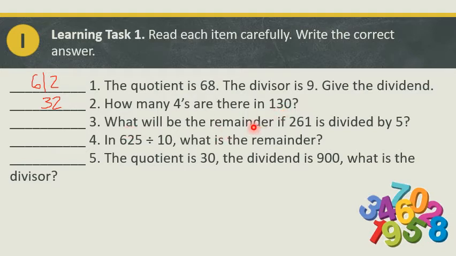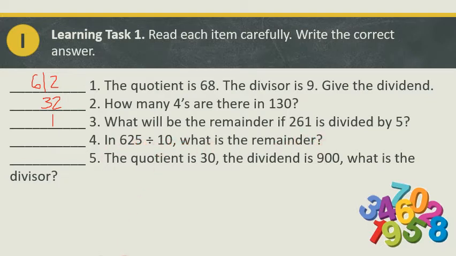So, what will be the remainder if 261 is divided by 5? Pag nag-skip count ba kayo ng 5, ilan ang matitira sa 261? Ang matitira po sa kanya is 1. Tawag natin remainder yung matitira pag nag-divide tayo. So, number 4, in 625 divided by 10, what is the remainder?